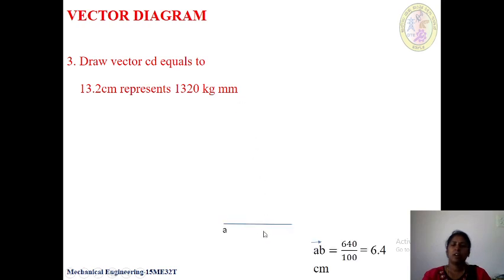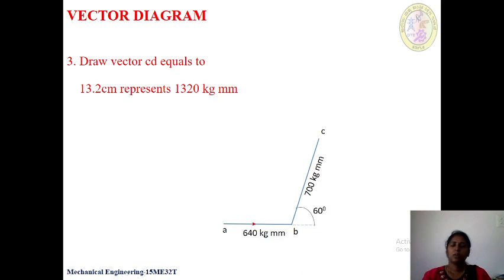Next one, draw a vector CD that is equal to 13.2 centimeter which represents 1320 kg/mm. That means already we have drawn two vectors, AB and BC.